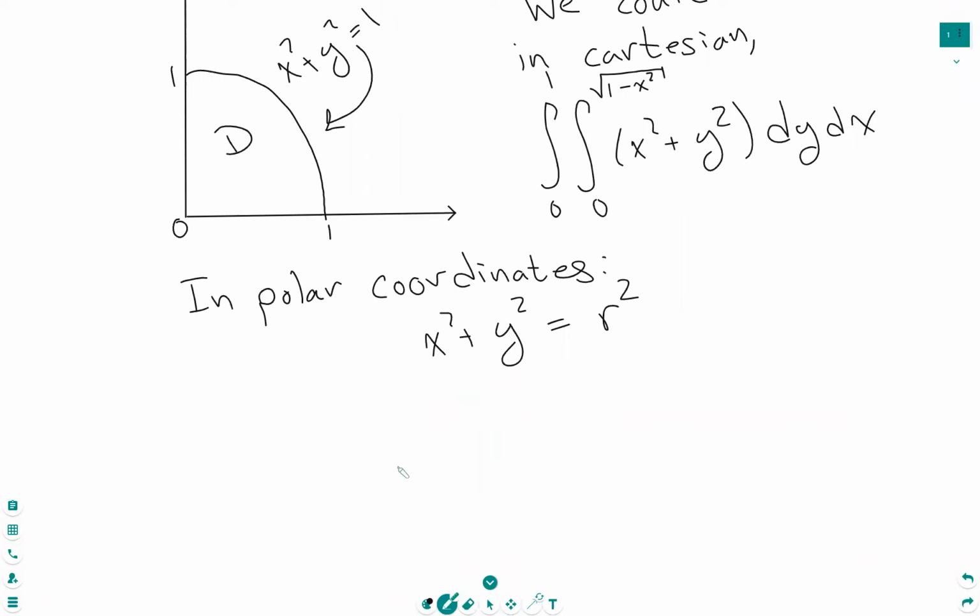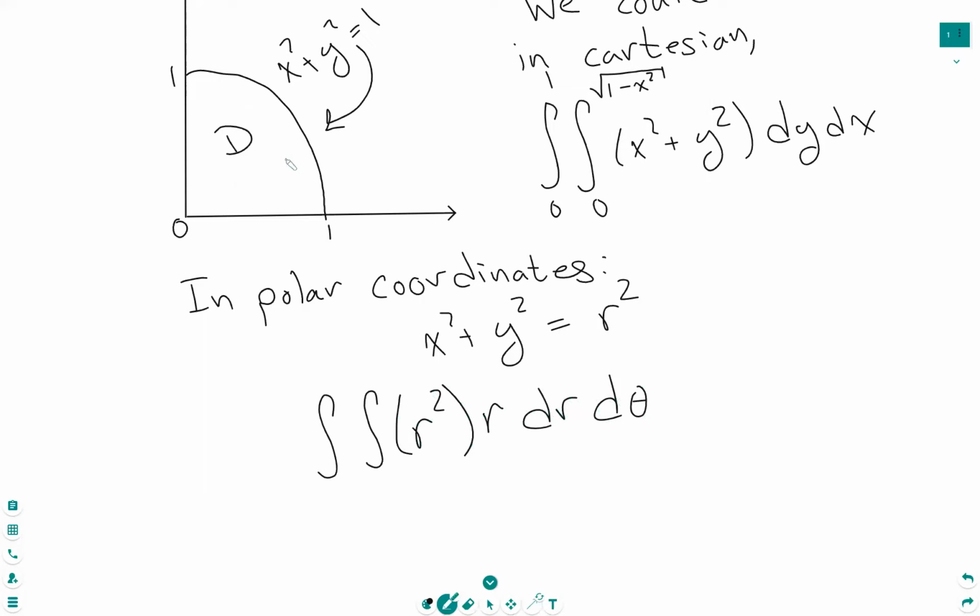So we can start setting up our integral. So we have two integrals here. We've changed the integrand to being r squared. I have my dr d theta, and I can't forget this extra r that comes in. So this is what our integrand can look like.